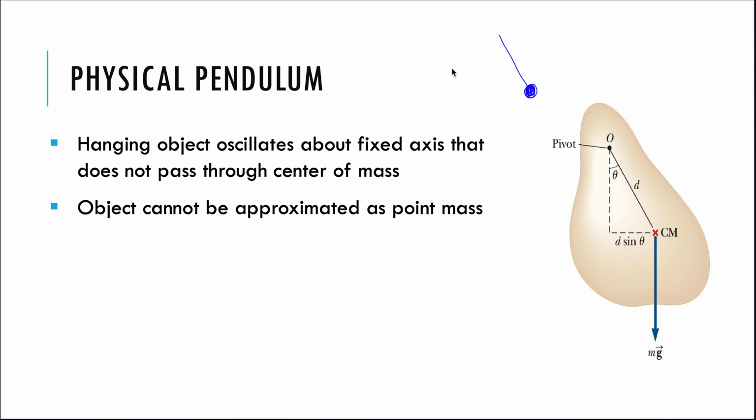So the physical pendulum is a little bit more realistic because it can be any kind of hanging object, and it's just going to be oscillating about any point other than its center of mass. The object cannot be approximated as a point mass because the size and the shape of it is definitely going to affect its rotation. So let's derive the equation of motion for a physical pendulum.